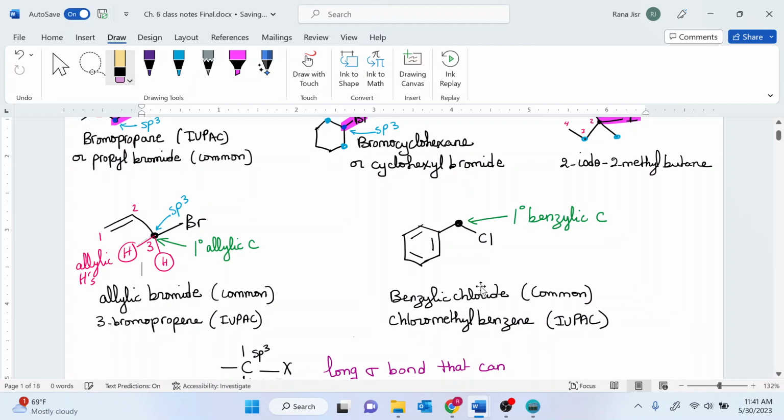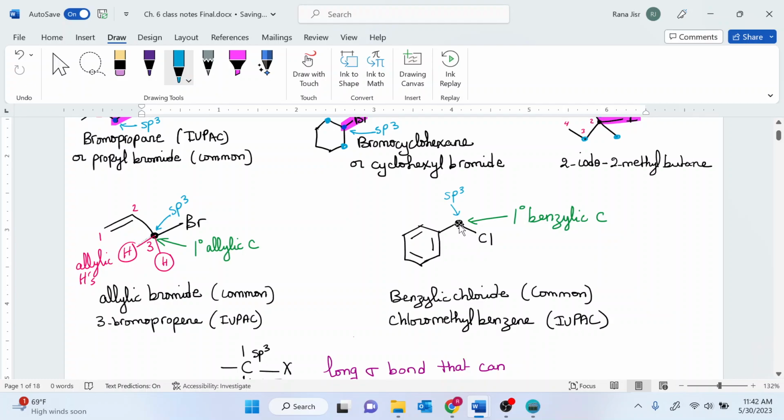Another type of alkyl halides are benzylic alkyl halides. Benzylic alkyl halides are alkyl halides that are connected to a benzylic carbon. And the benzylic carbon is a carbon that is directly connected to the benzene. To name these compounds, you use the word benzylic with the common name.